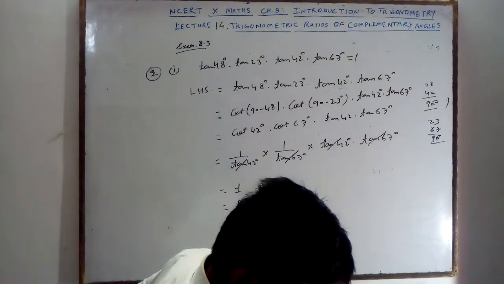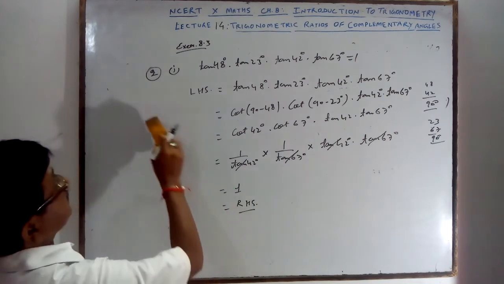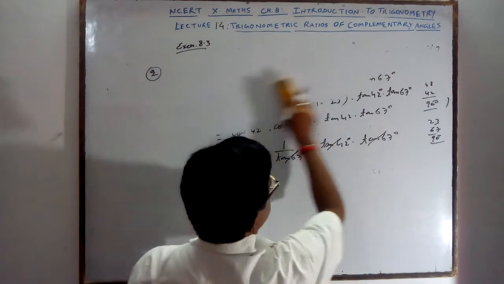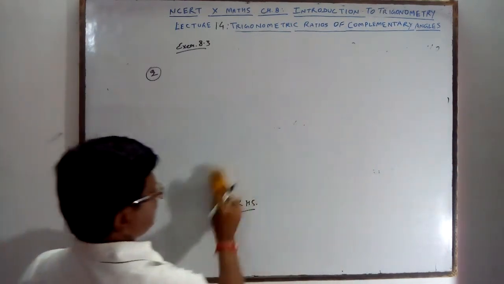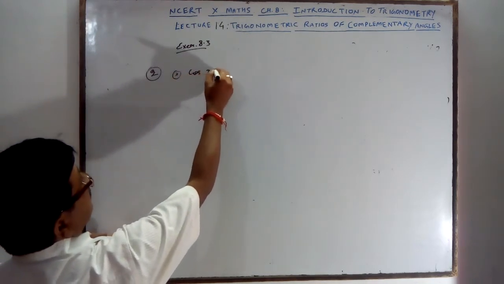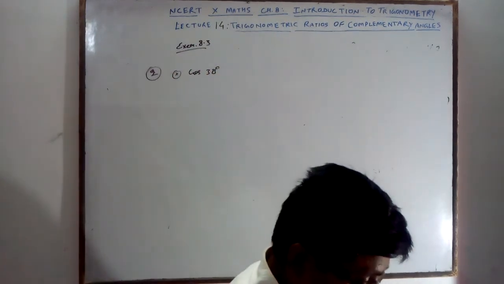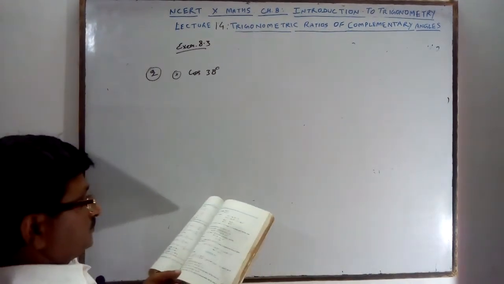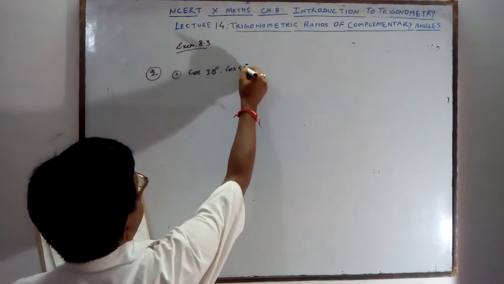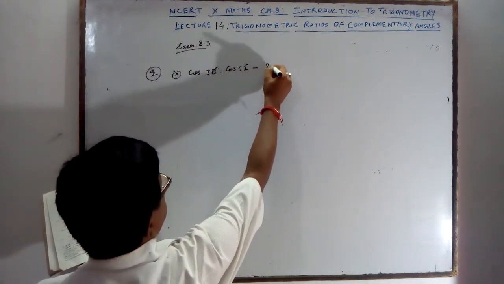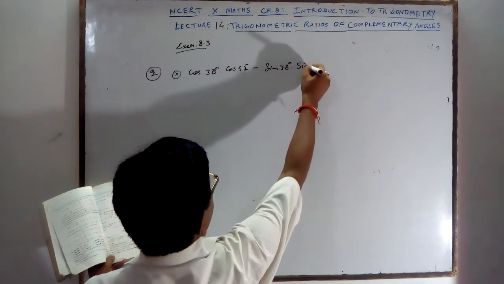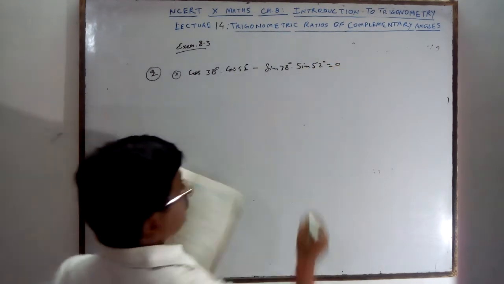Now second part of this question. Cos 38 degree into cos 52 minus sin 38 into sin 52 is equal to 0.